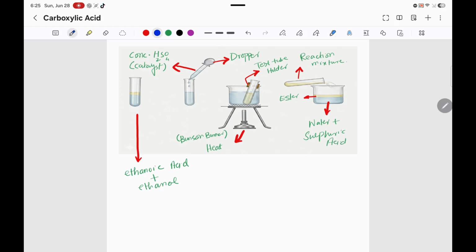We are going to take ethanoic acid, that is CH3COOH, and we are going to add ethanol in it, that is C2H5OH.